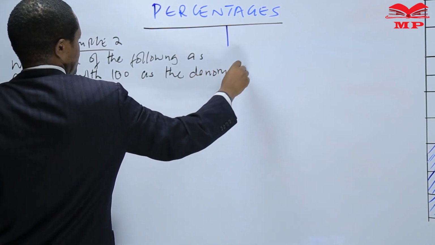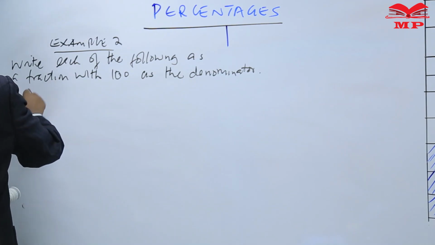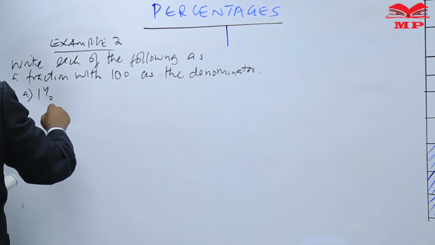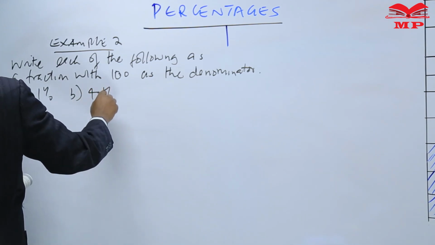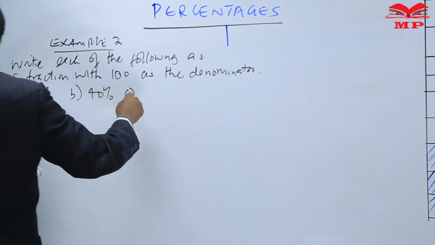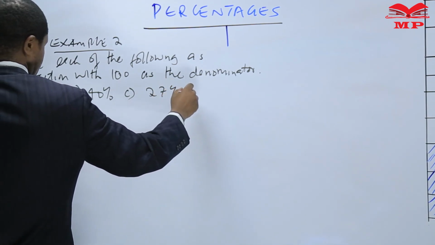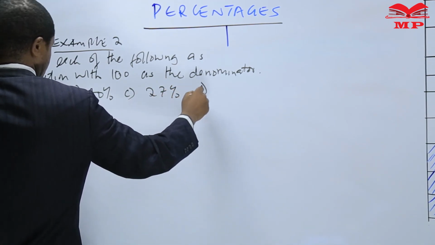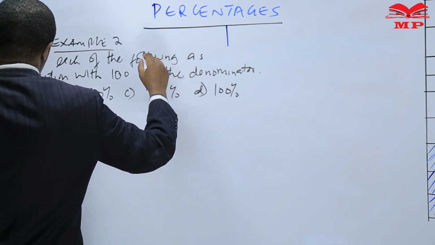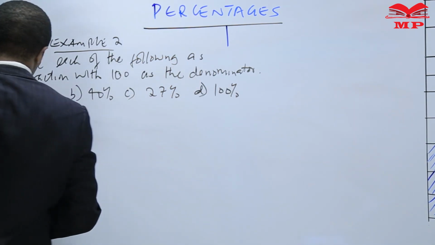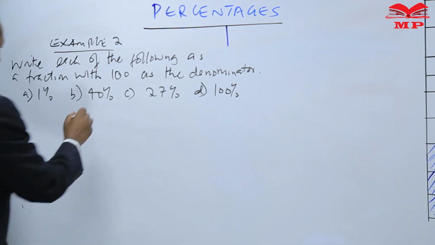A, 1%, B, 40%, C, 27%, D, 100%. Learners, I want us to do this one.